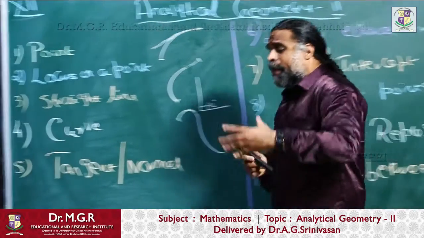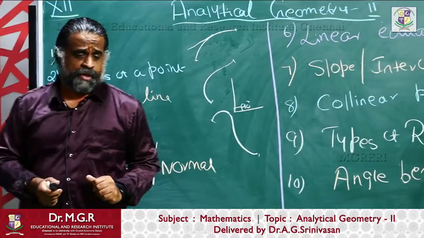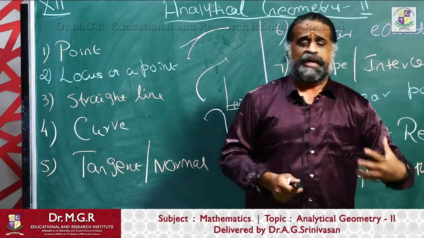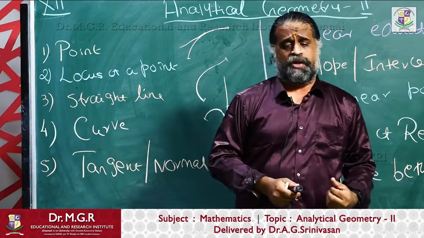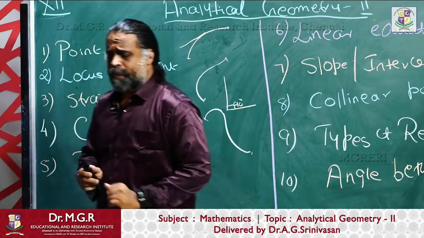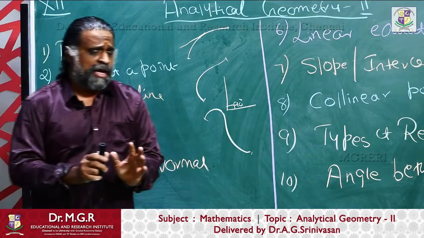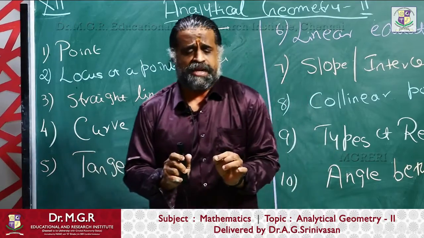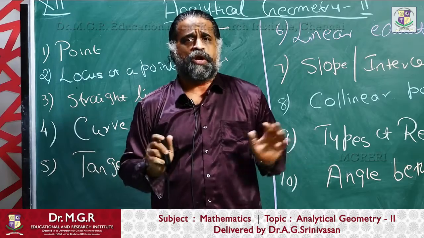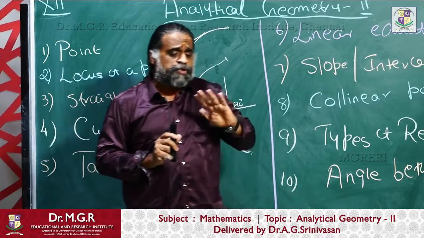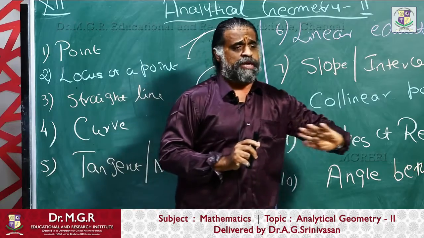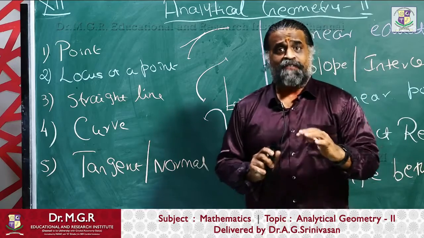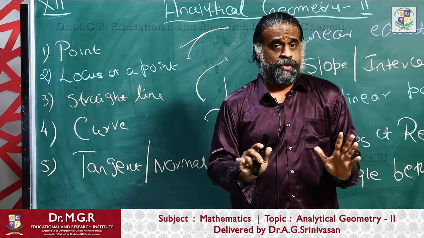Now let's revert back to a straight line, because only from a straight line will every other geometrical configuration be constructed. What is a straight line? We already discussed some time back. A straight line is the shortest distance between 2 points. So far, all these nomenclatures, all these technical terms were used geometrically.